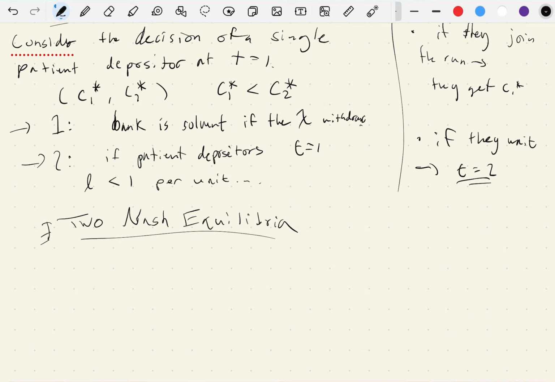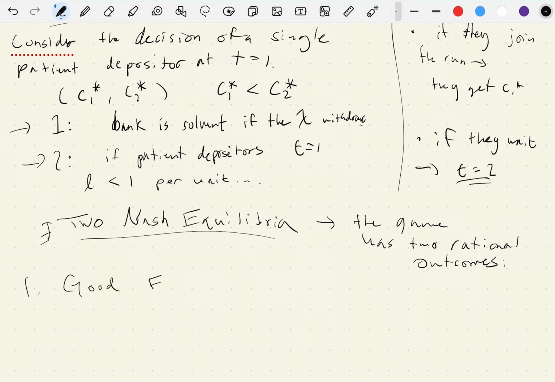Okay? There exist two Nash equilibria. Or, in other words, the game has two rational outcomes. One is a good equilibrium, or no run.